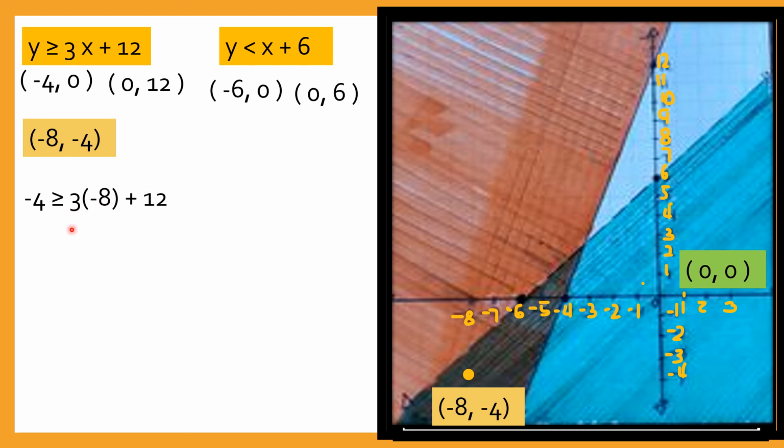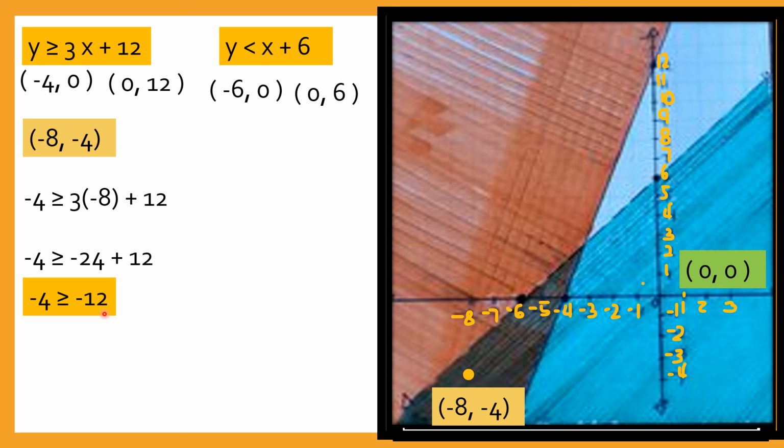Ayan. So, negative 4 is greater than or equal to 3 times negative 8, that is negative 24, plus 12. So, that is now negative 4 is greater than or equal to negative 12. Negative 24 plus 12 is negative 12. Now, is negative 4 greater than or equal to negative 12?